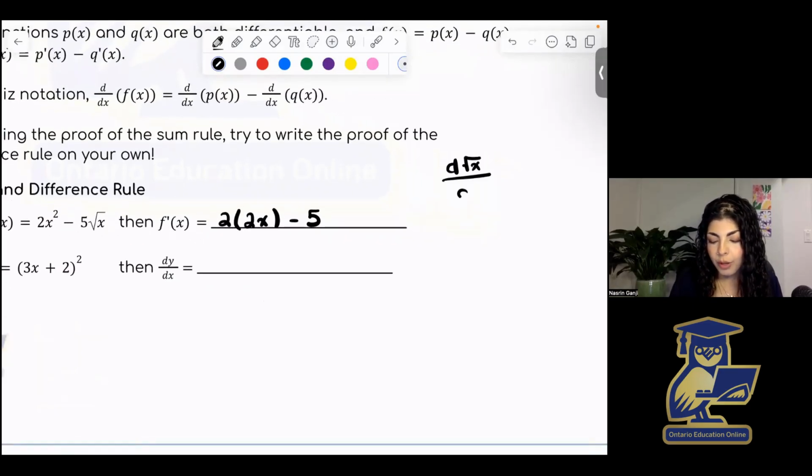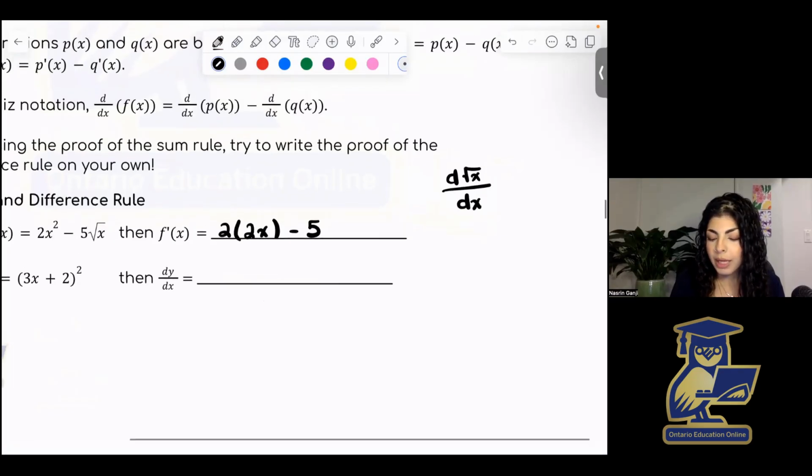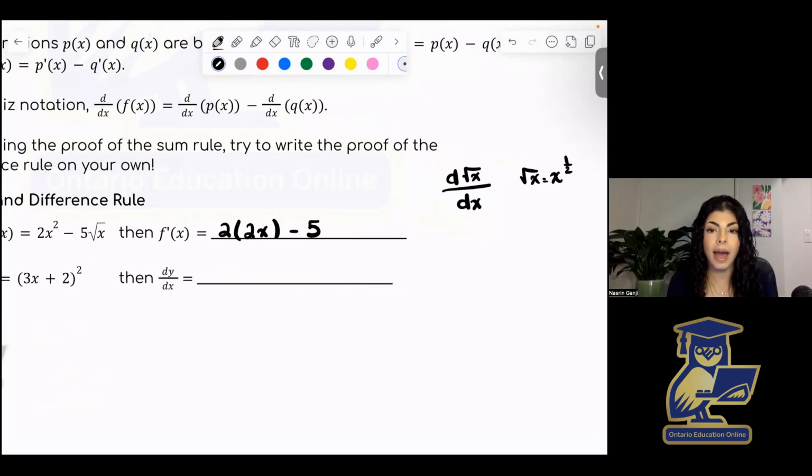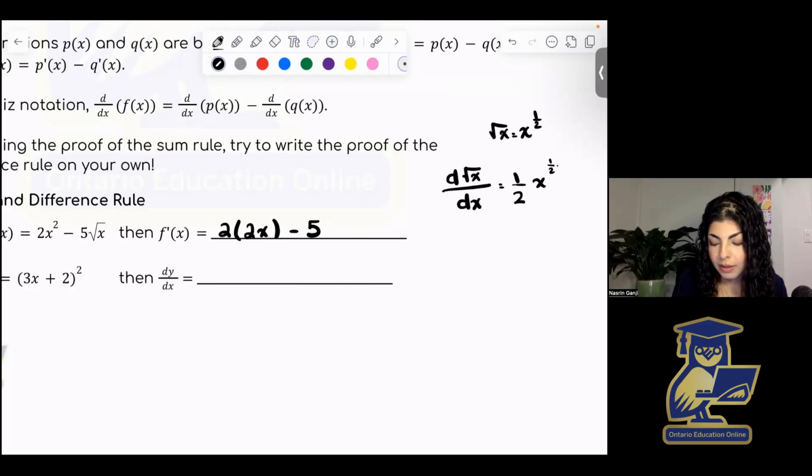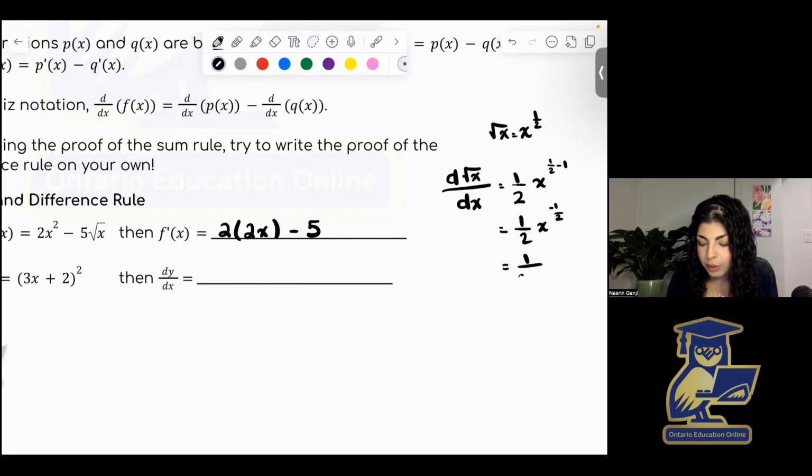Now I'm looking for this value. But keep in mind that square root of x is just x to the power of half. Now, taking the derivative by the power rule, move this up. This is just half, and then x to the half minus 1, which is negative 1 over 2, or in other words, 1 over 2 square root of x.